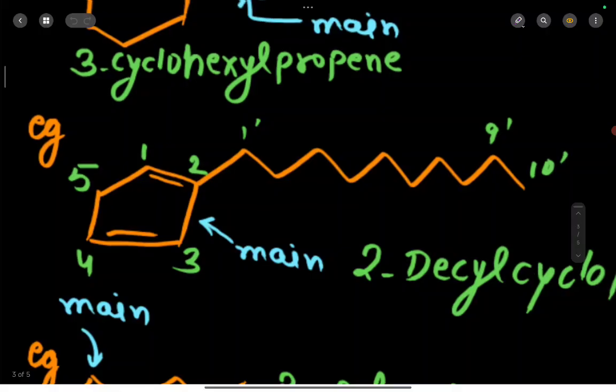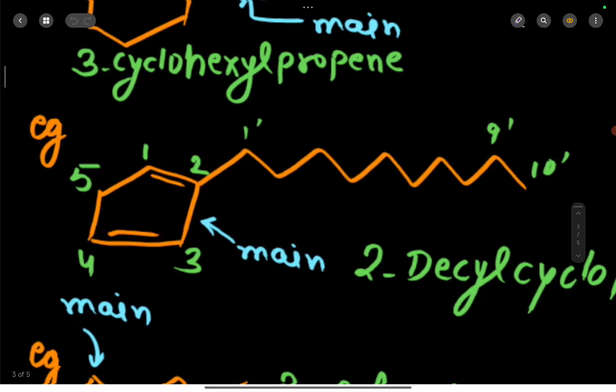Now I want to give some extra light to this example. How did you number this? Keep in mind, you will number either like this or like this. You won't start numbering like 1, 2. No. Both the atoms of the double bond should get the lowest locant.